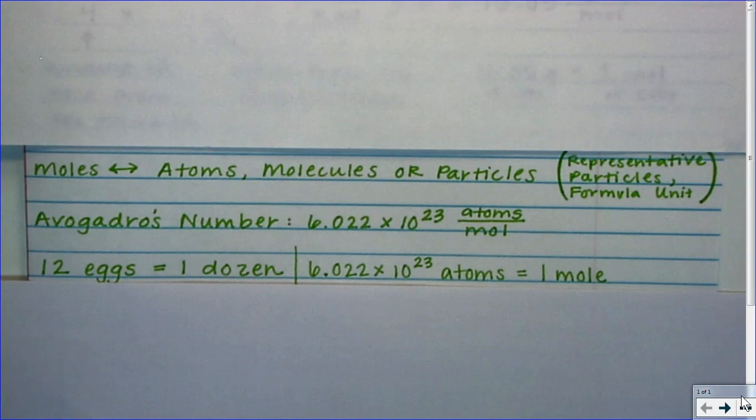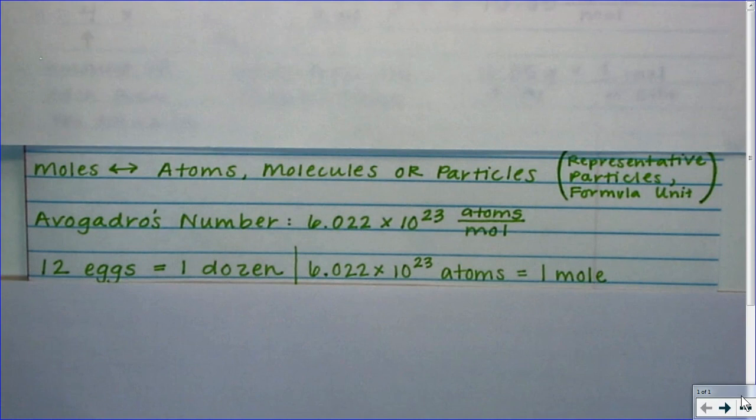For instance, on my periodic table, hydrogen's mass is 1.01. So 1 mole of hydrogen weighs 1.01 grams. Another way we can look at it is for 6.022 times 10 to the 23rd atoms of hydrogen, the mass would be 1.01.